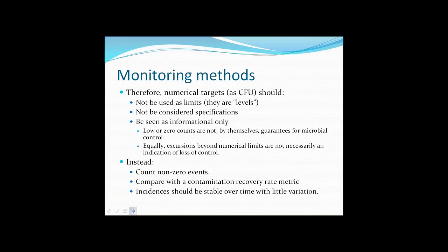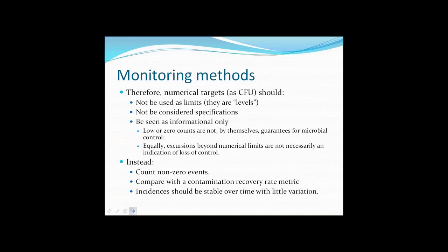So from this, the USP is indicating that the word limits shouldn't really be used. These are monitoring levels. They should not be considered to be specifications and should be seen as informational only. And instead, it's better practice to count non-zero events. So in other words, it's more important to show how often colony-forming units are detected rather than worrying about the total number of colony-forming units from any single event.